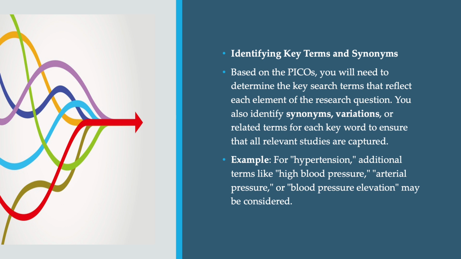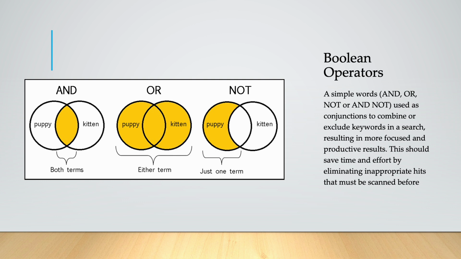But between the population synonyms or variations, intervention synonyms, or outcome synonyms, here we use OR. As you see here, this operation, and that means we need the blue area, or either one, not just one.